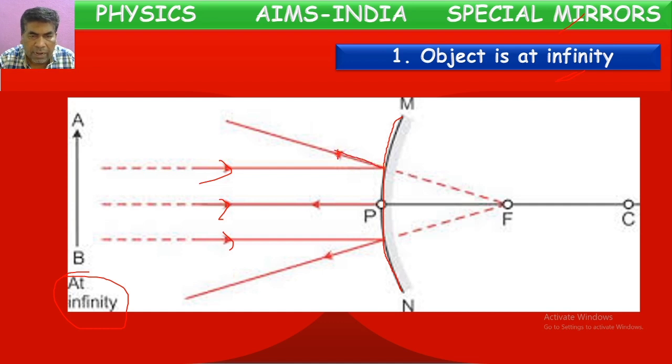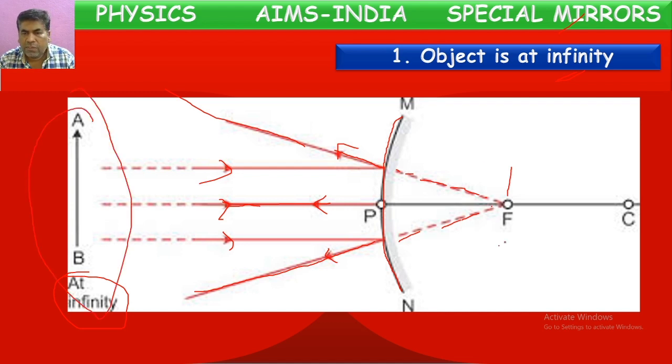After touching the mirror, they will reflect back in different directions such that they will never meet in the reflected direction. But if we extend them back, they will meet at one point called the focus. So when the object is at infinity, the image is formed at the focus, highly diminished. That is the first case.